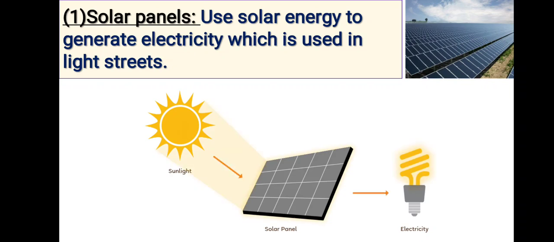So the solar panels, we put on the roof of any building to take the solar energy from the sun and change it into electrical energy. So to generate electricity from the solar energy from the sun, we need solar panels.